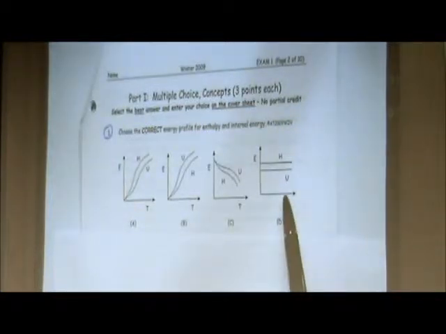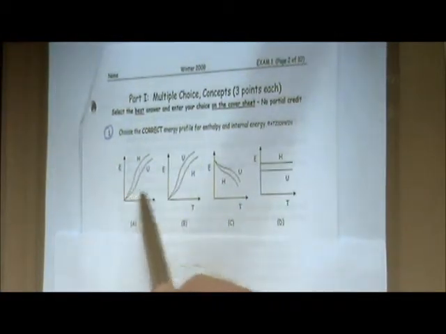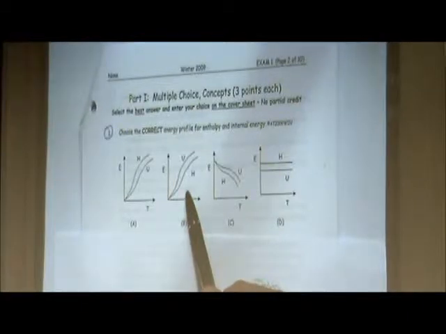This one tells us it's not a function of temperature. Here we see that they are a function of temperature. Here they're going down as temperature increases. Here they go up. Between here and there's a big difference. What is that difference? Yes, these are switched.